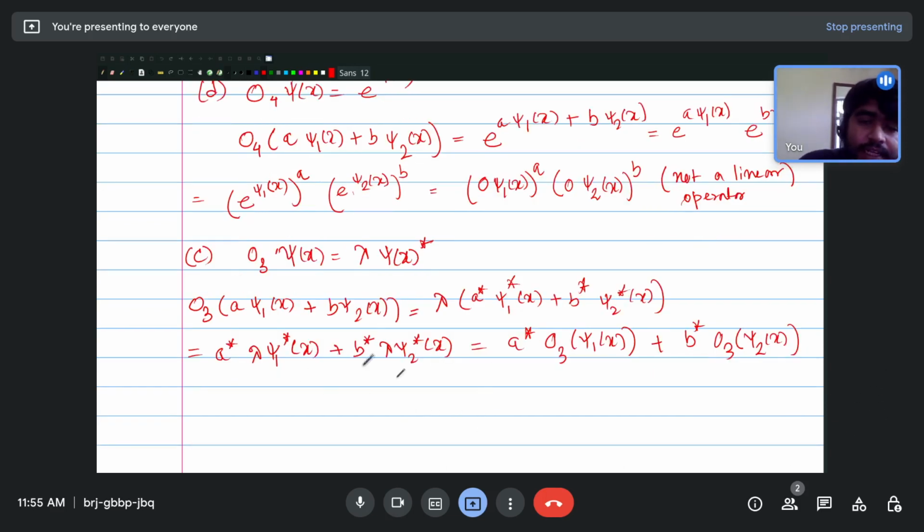So you see that it resembles the linear operator's form, but it is not actually linear because it makes those numbers complex conjugate. Okay, so this is actually not a linear operator.